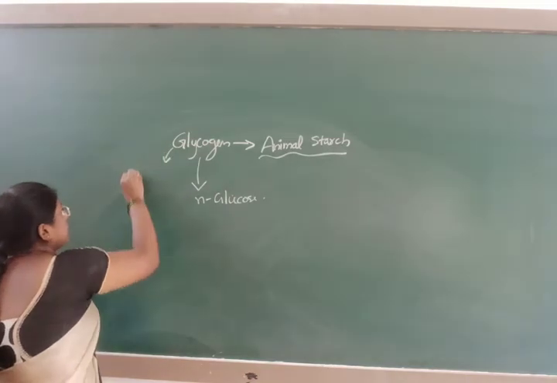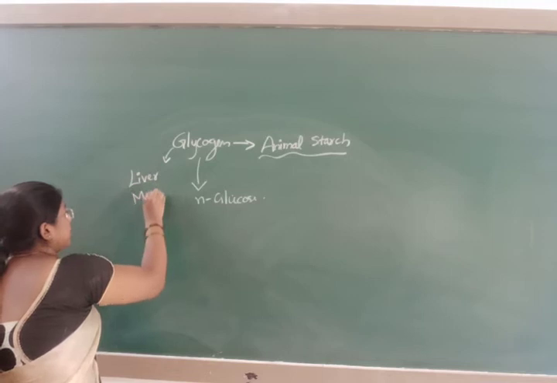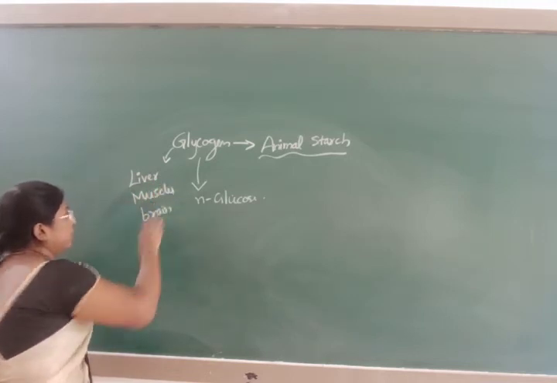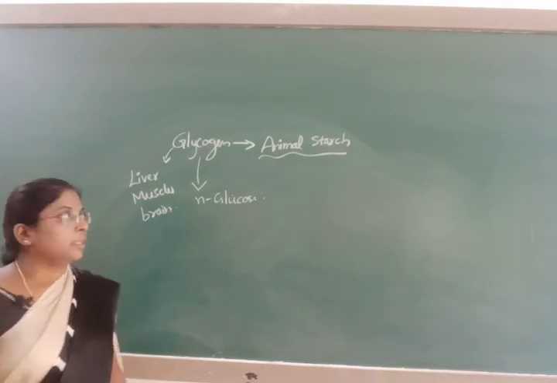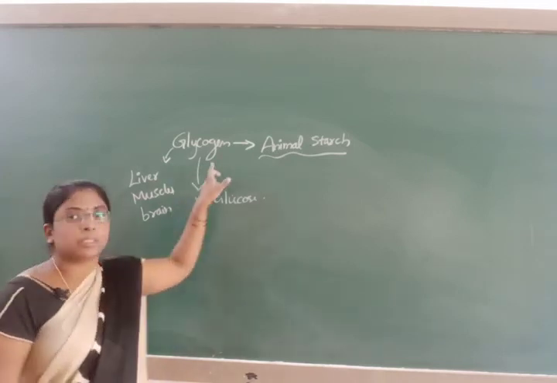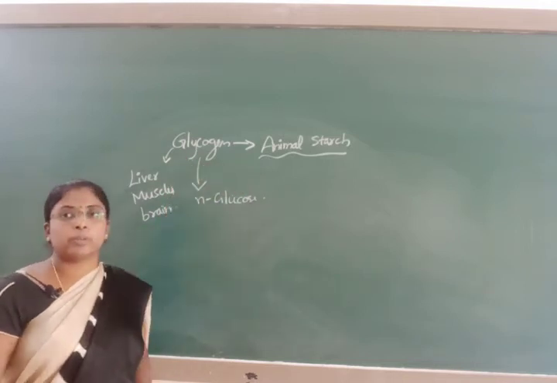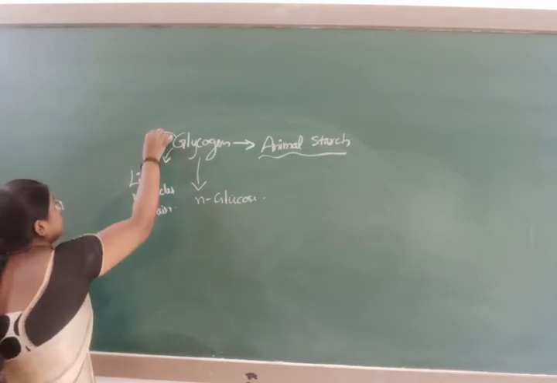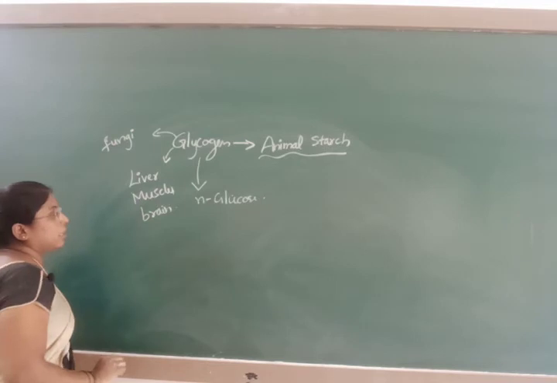It is stored in the liver, muscles and brain. It is also known as a reserve food. Glycogen is also present in fungi.